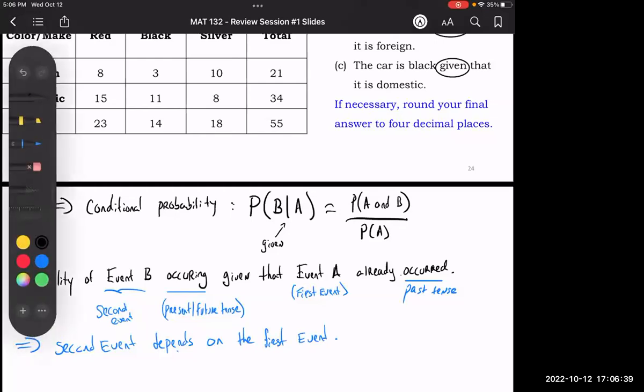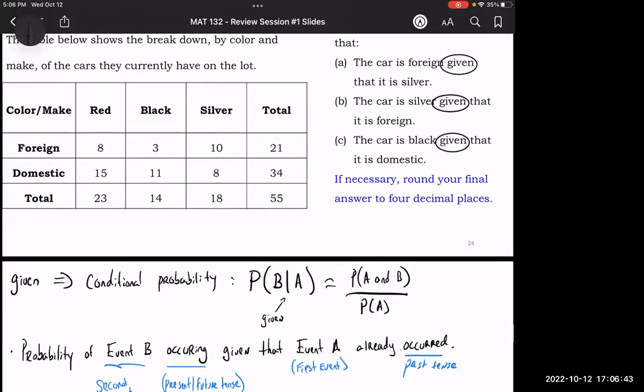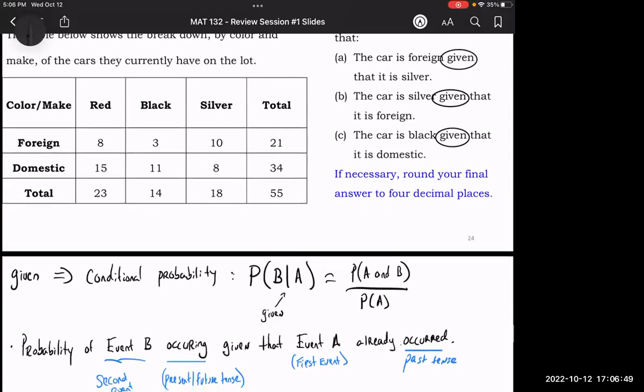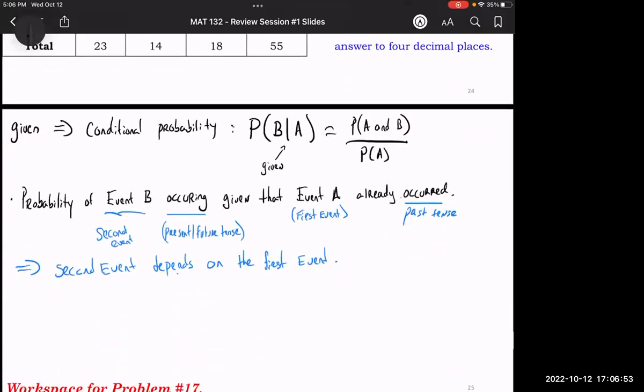So I'll show you how to solve this intuitively. Part A, what I do first, the car is foreign, given that it's silver. I'm going to use the probability notation, but just remember that the bar stands for given. So part A, probability of foreign given silver.